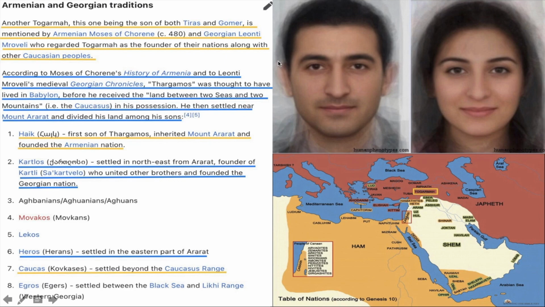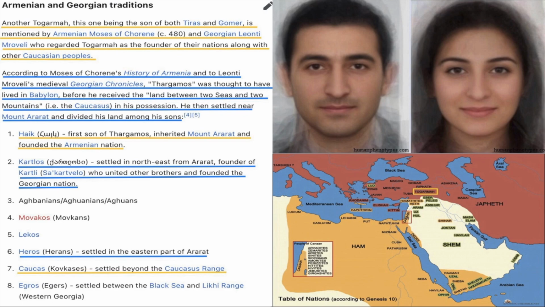So putting everything together. Another Togarma, this one being the son of both Tiras and Gomer, is mentioned by Armenian Moses of Khoren and Georgian Leonti Mroveli, who regarded Togarma as the founder of their nation along with other Caucasian peoples.